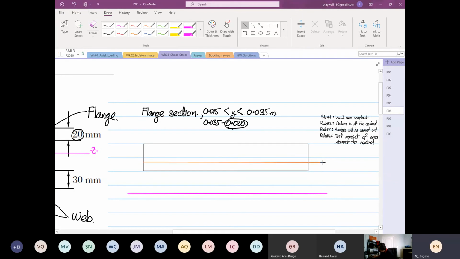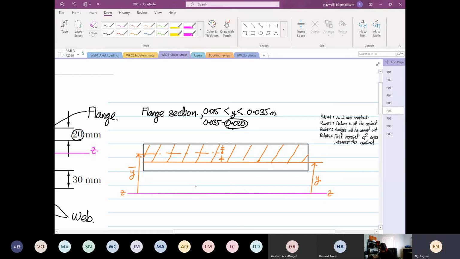This is our y, and this is the area of interest. At one point down here, where the distance at the top and the distance at the bottom are equal, this is where we get our y bar. And the y bar will be from the datum.